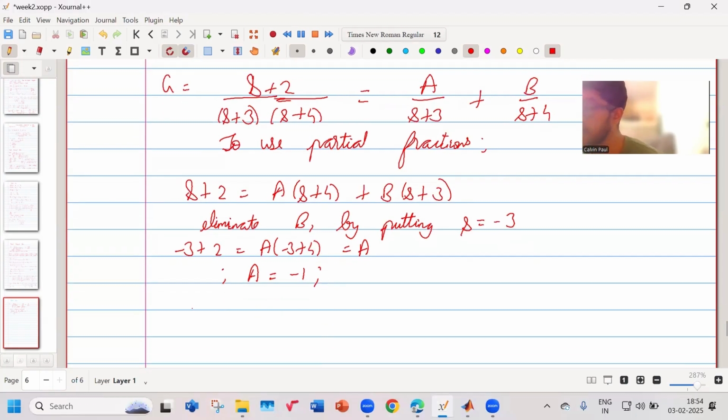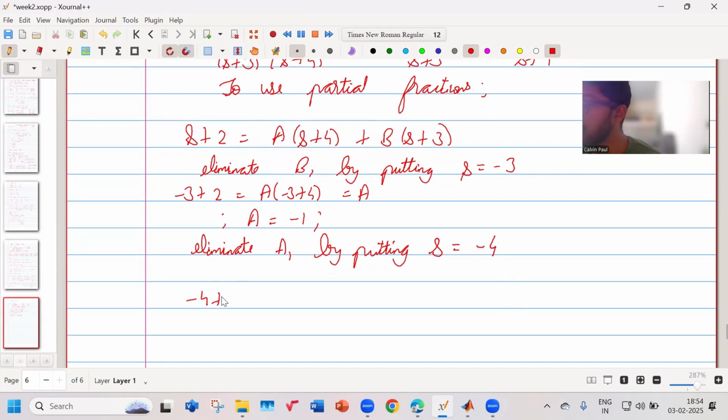Then we eliminate a. How? If we put s equal to minus 4. So minus 4 plus 2 is equal to b into minus 4 plus 3. So minus 2 is equal to b into minus 1. So b actually is equal to 2.